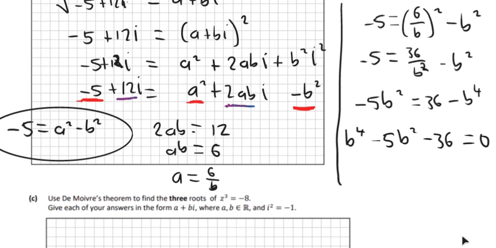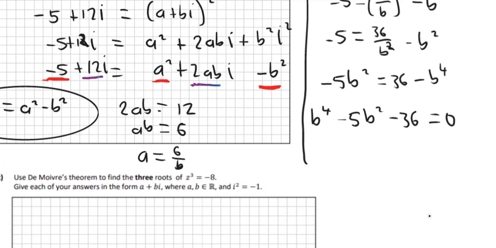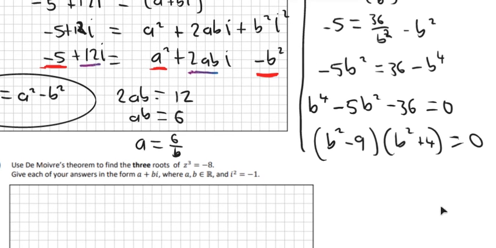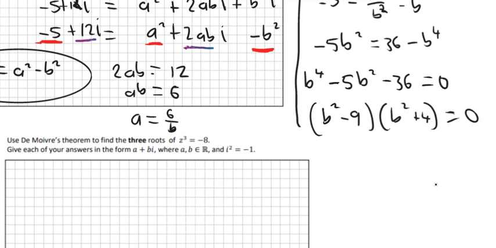So we have a quadratic with b squared as the variable. So it'll be b squared and b squared, so I'm factorising them. Two numbers that multiply to give minus 36 but add to give minus 5 will be minus 9 and plus 4. Minus 9 times 4 is minus 36, minus 9 plus 4 is minus 5.